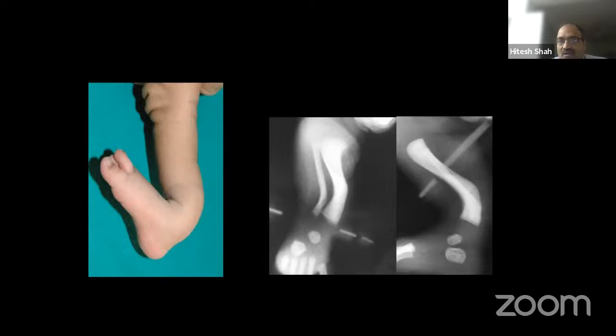Okay, so can anybody volunteer? What will you do? Sir, we have to do deformity correction by osteotomy.